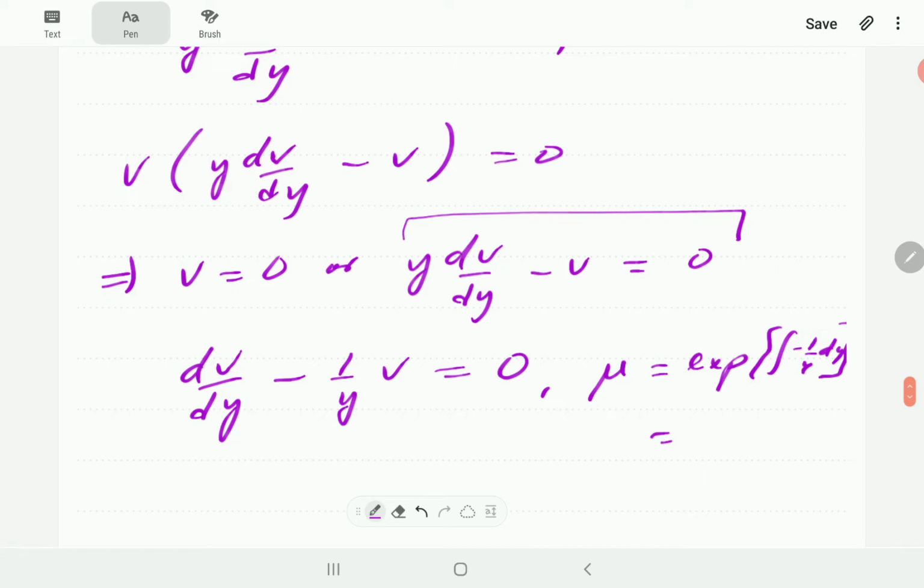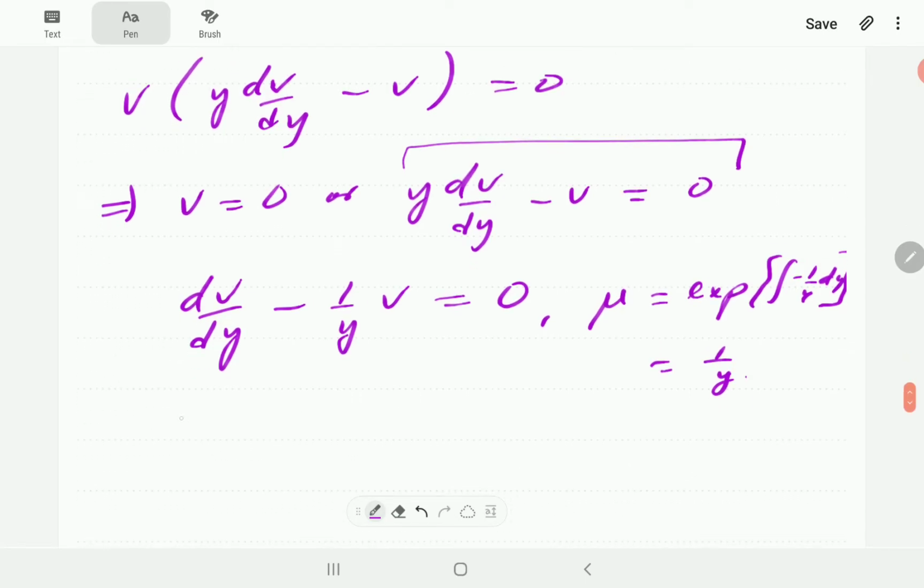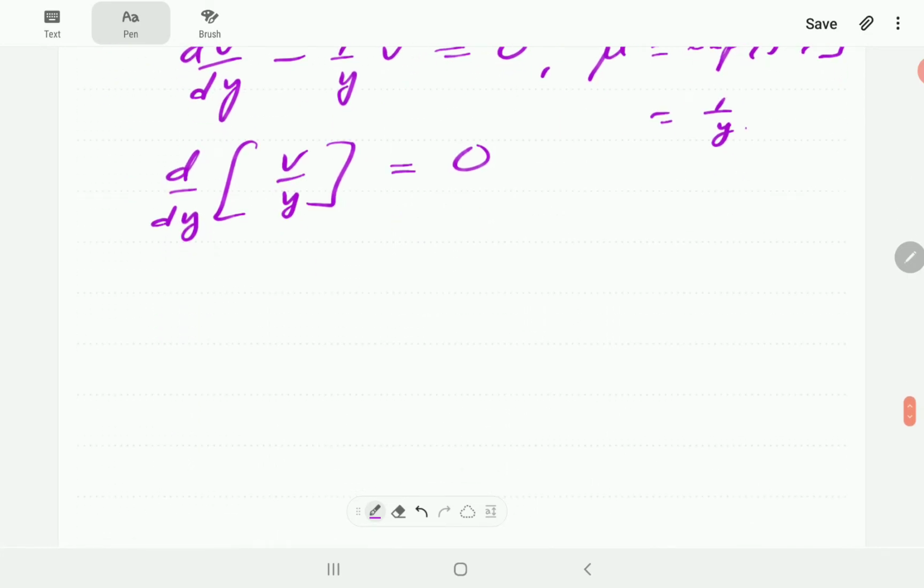Then this thing is going to work out to 1 over y. If we multiply everything by 1 over y here, then the left hand side is going to be an exact derivative. Then if we integrate here, v over y is going to be some constant a. So this thing is telling us that v is going to be a times y.